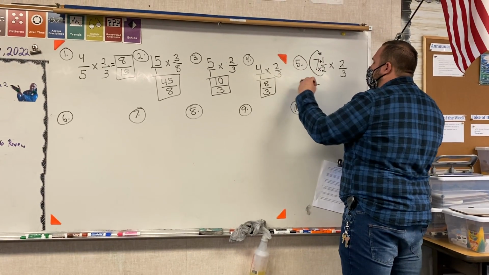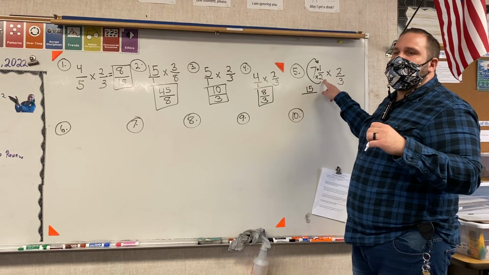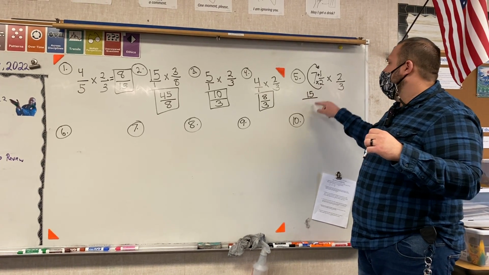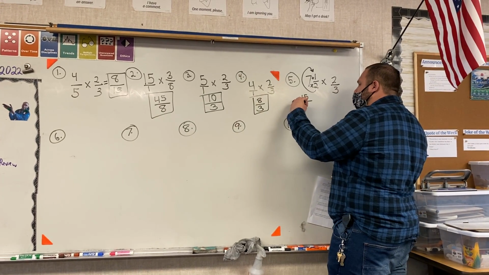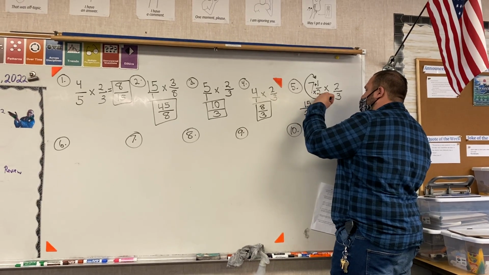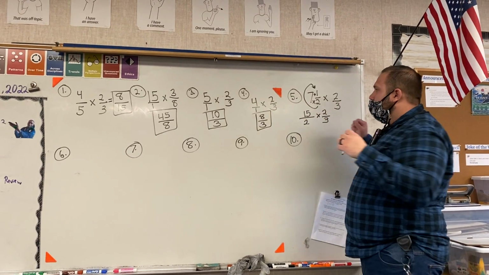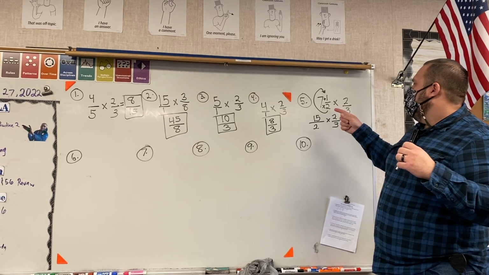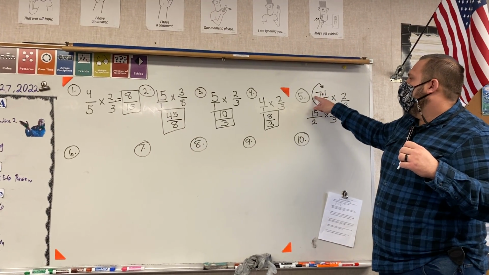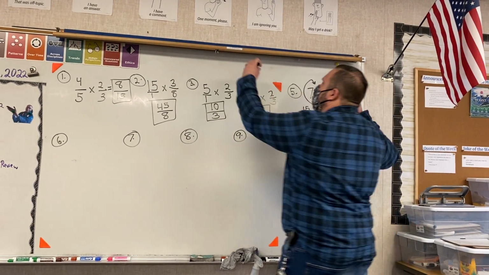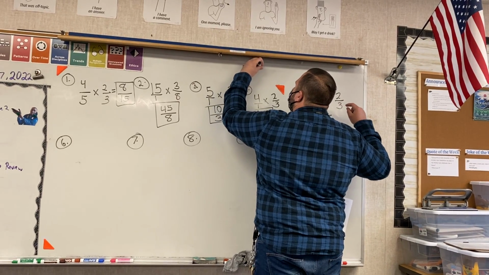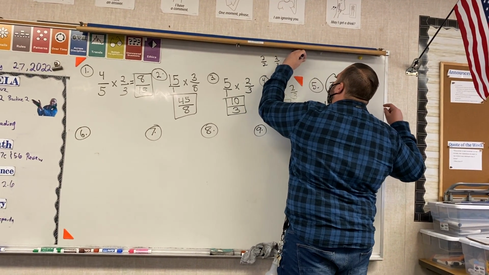Now here's the thing a lot of you messed up on. This denominator stays the same. To make it improper, it stays the same. So it stays at 2. You can think of it this way too, you guys. You have 7 that are 2 over 2, right? So you can do 2 over 2, 2 over 2, 2 over 2.